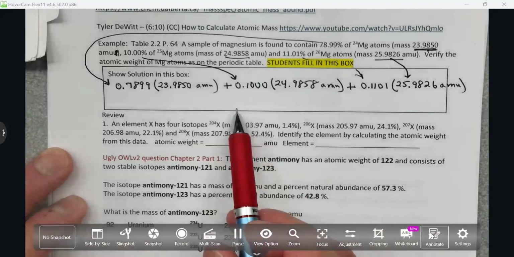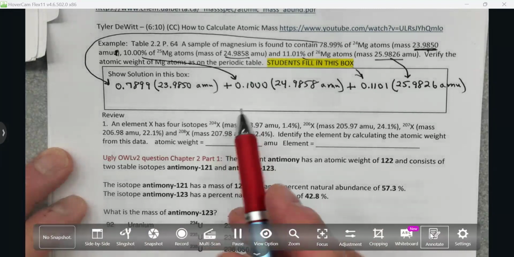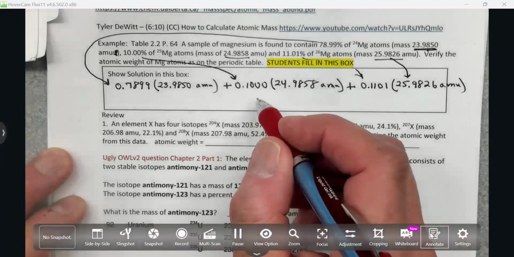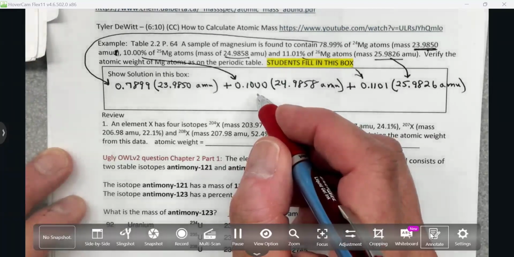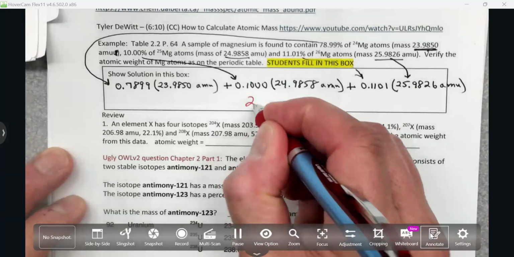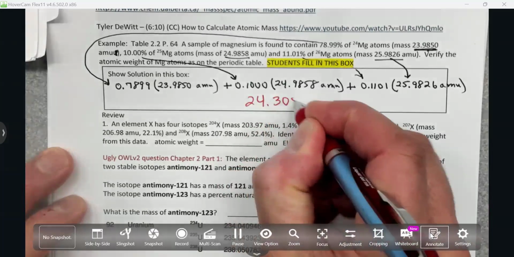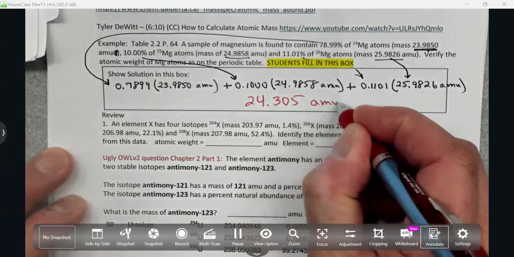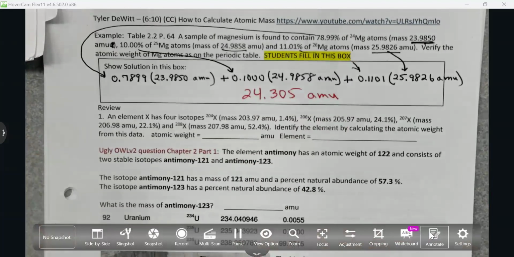And we get 24.305. Yes? No? Yes? Okay. So we get 24.305 AMU for atomic mass unit.